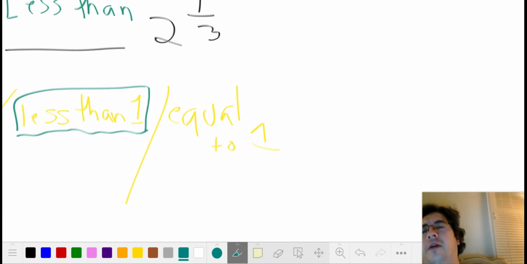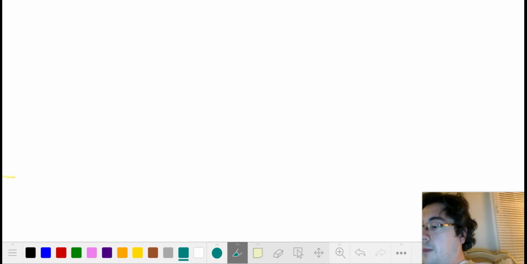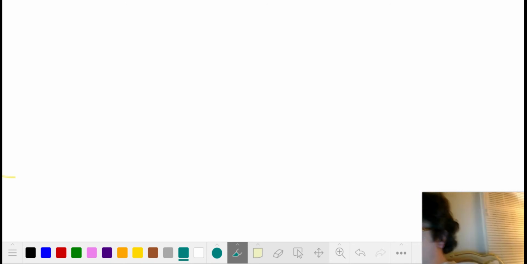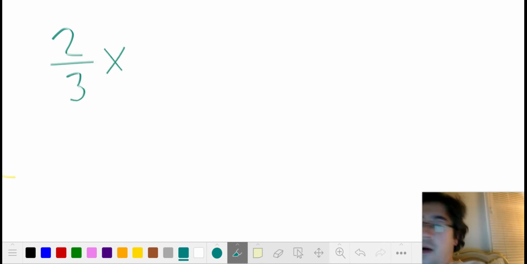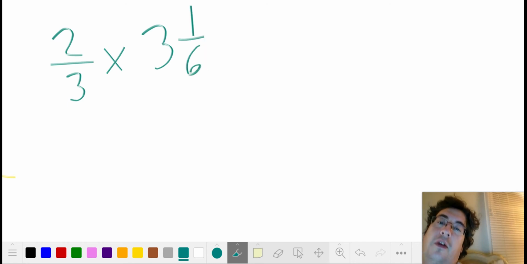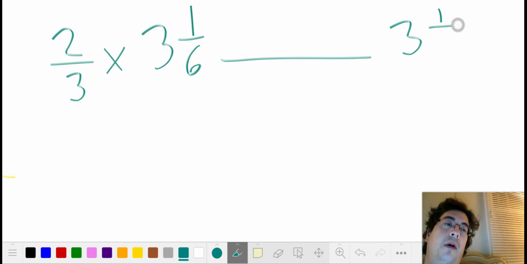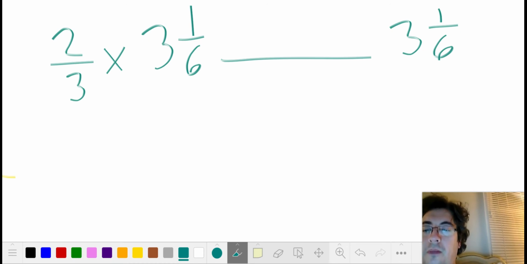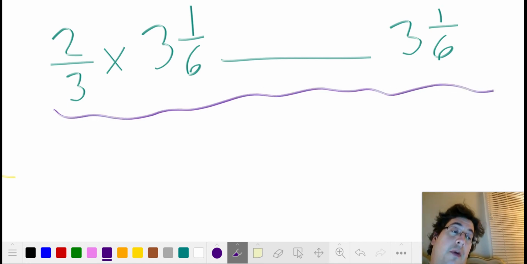So let's take a look at another example here. Pull one from your book. Let's say we want to multiply 2/3 and 3 1/6. And we're only interested in knowing whether the product will be more, less, or equal to 3 1/6. Looking at my expression, one of these numbers is not like the others.